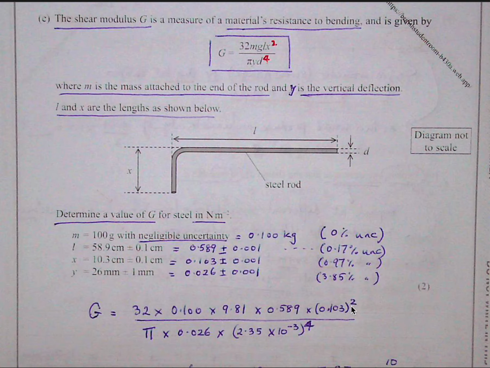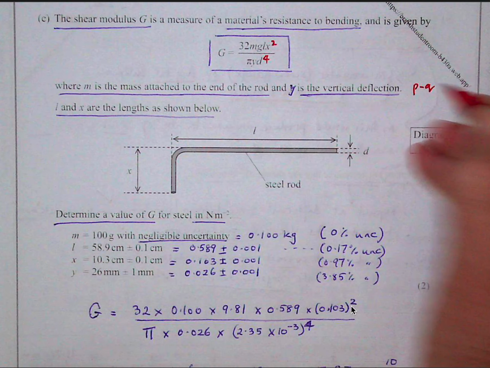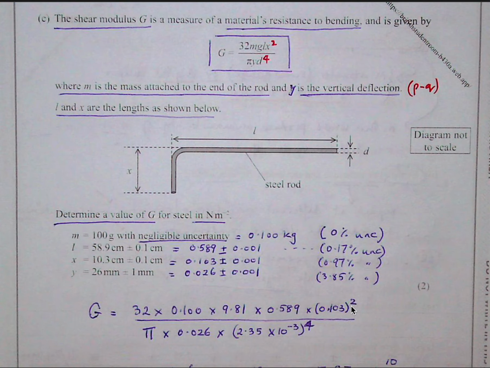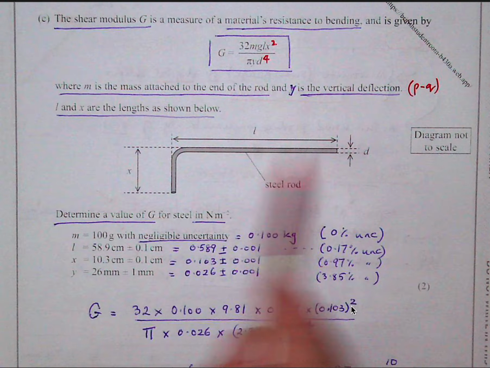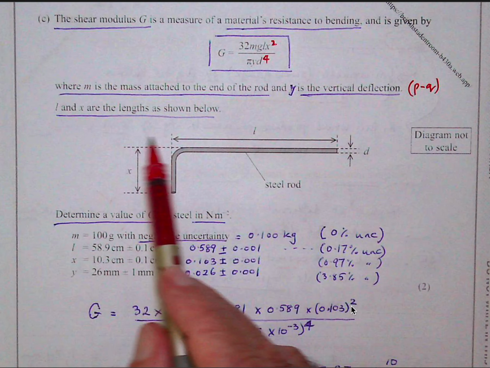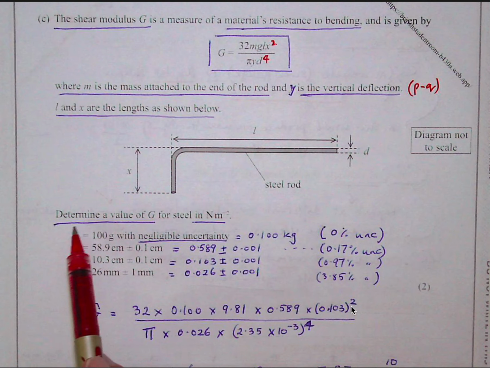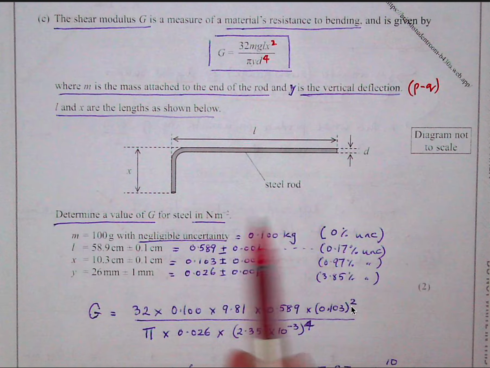They're giving you that formula where m is the mass attached to the end of the rod and y is the vertical deflection, so that would be p minus q, as I told you before. And L and x are shown on the diagram as being the 2 dimensions of the steel rod that we've been dealing with.